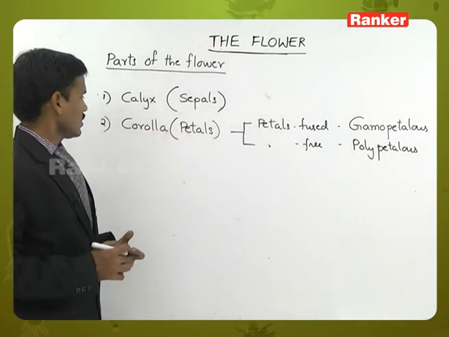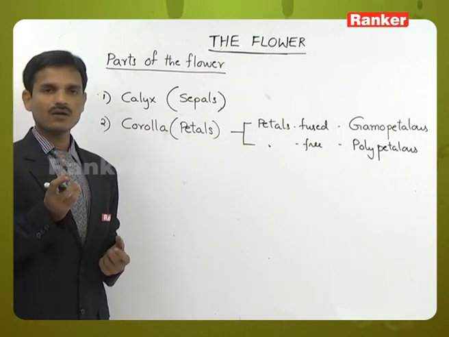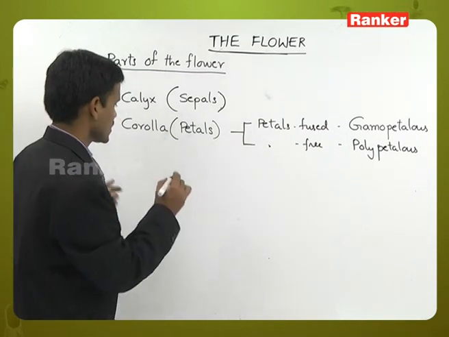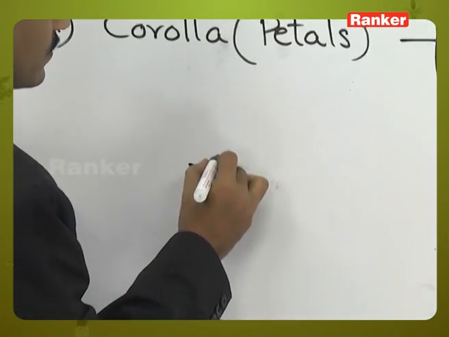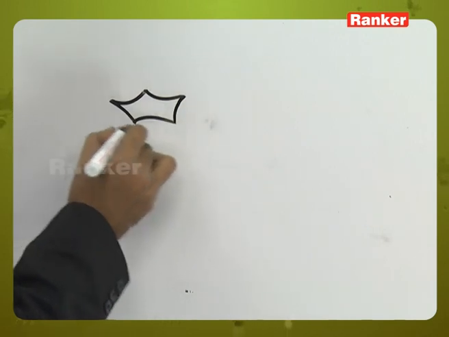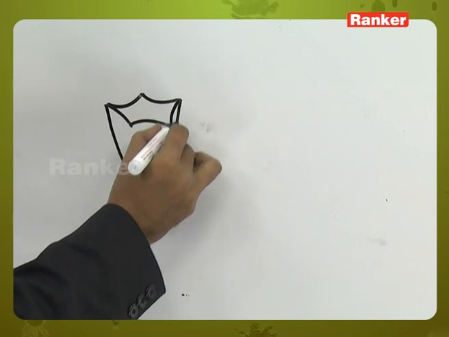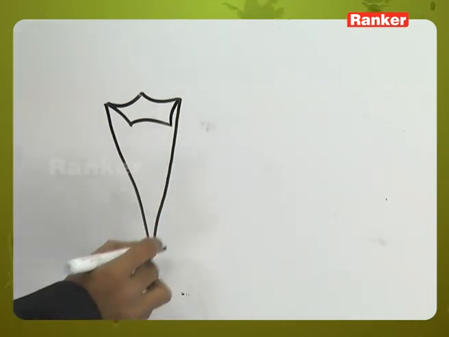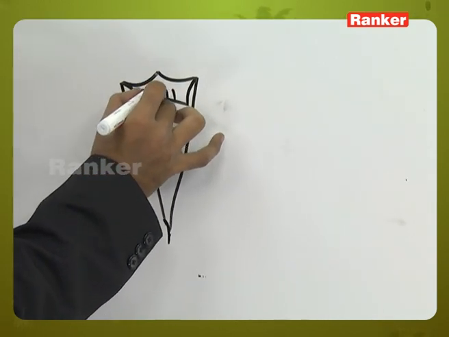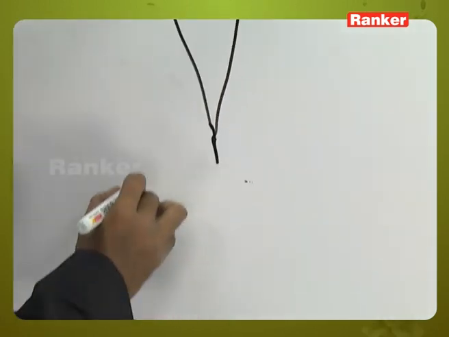Here the corolla is showing different types of structures. When the petals are fused, different structures are formed. Sometimes they are funnel shaped. So in datura, it is funnel shaped.